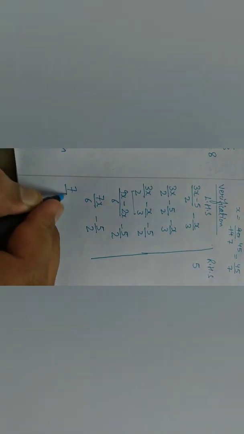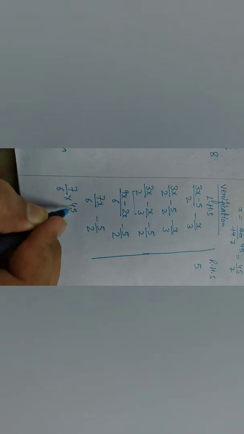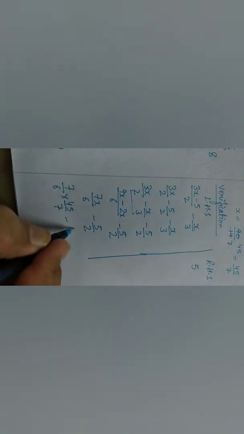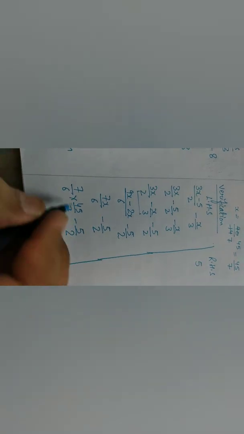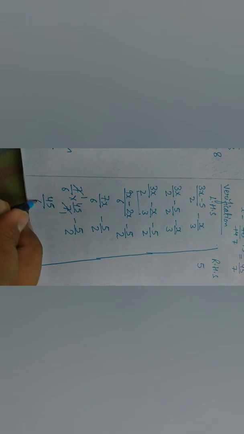Right? Now put the value of x. 7 upon 6 multiplied by 45 upon 7 minus 5 upon 2. 7 1s are 7, 7 1s are 7. Now 45 upon 6 minus 5 upon 2.